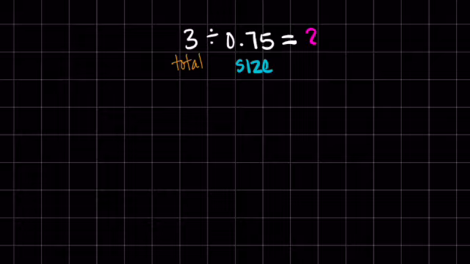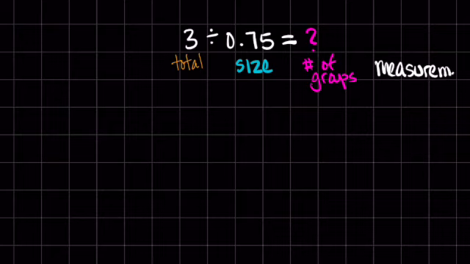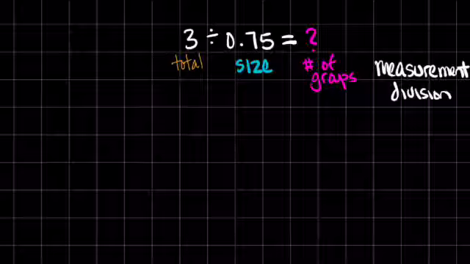Okay, so the thing I'm looking for is my number of groups. This is measurement division, because I'm going to measure out 75 hundredths.